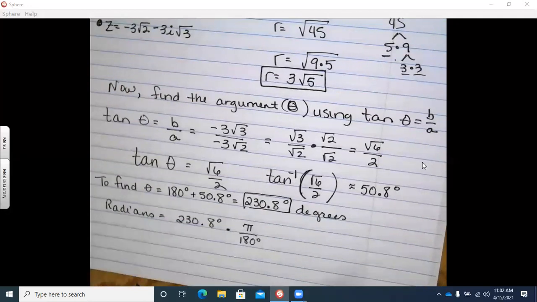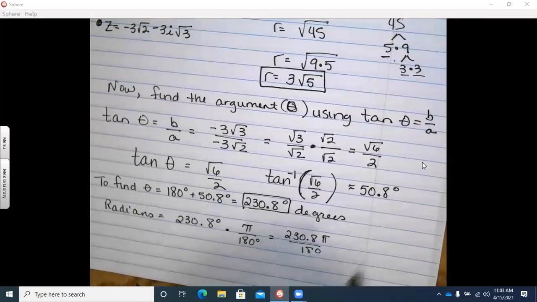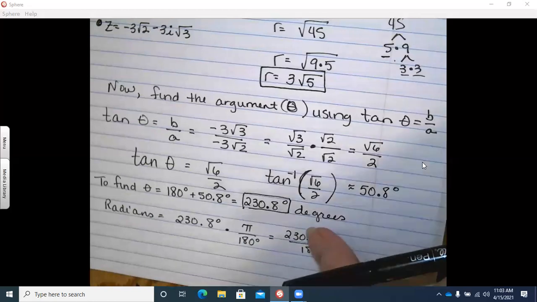And we get 230.8 pi over 180, which if that didn't have the 0.8, we could reduce that nicely, right?